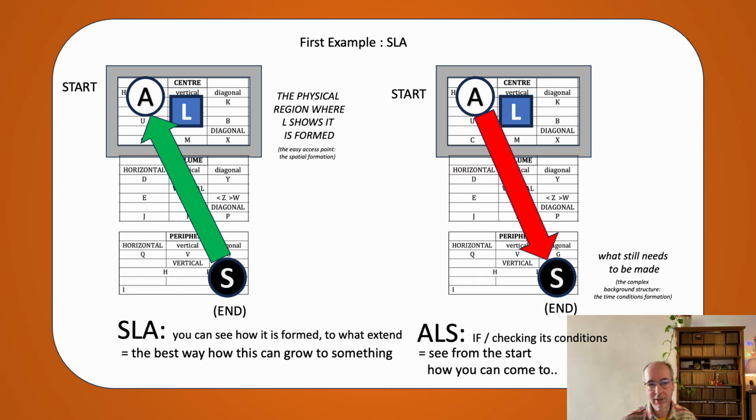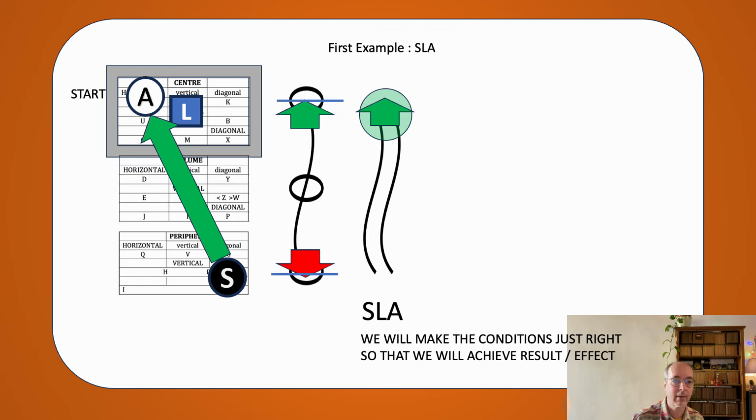So it sees from the start before it can make something, even before it can make something. So that's the association that you can make from simply analyzing the background structure.